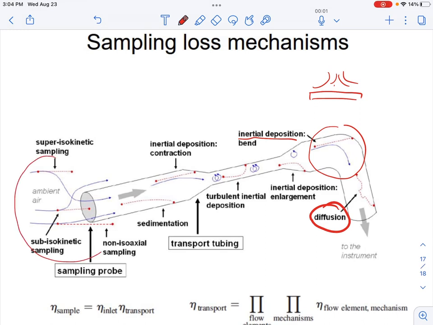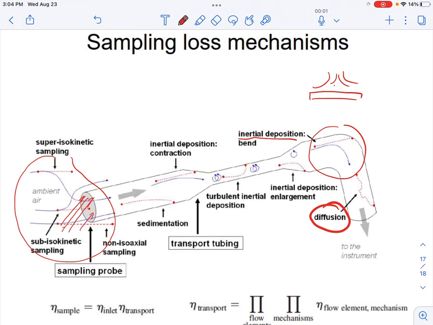When you are sampling the particles, there's sampling and also transporting the particles. When sampling, you don't want the airflow to be introduced to the tube at an angle, because if there's an angle, you still have impaction or inertial deposition of these particles.